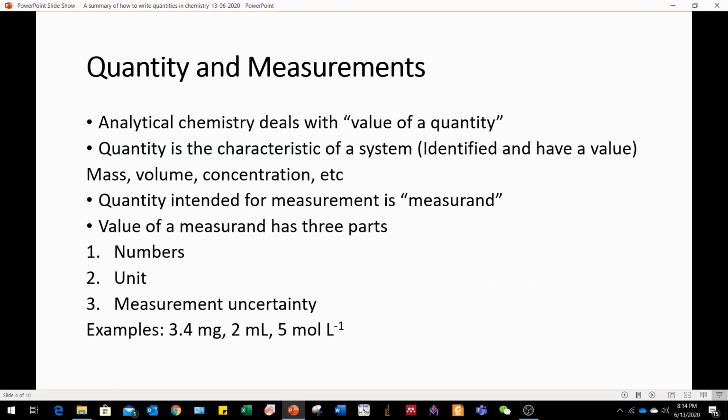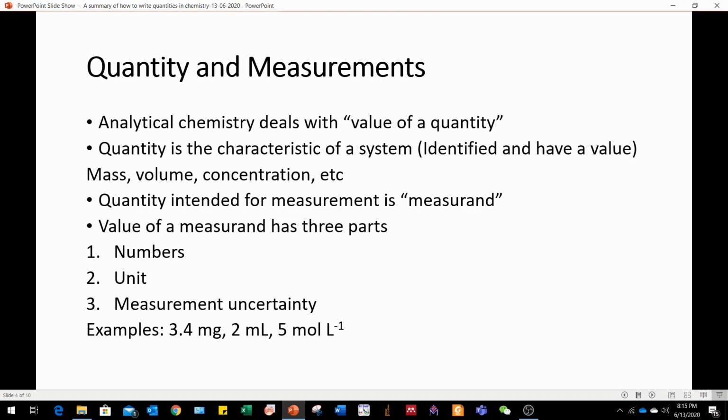Quantity and measurements are not limited just to chemistry, but also physics, material science, chemical engineering, and all other fields where collection of data and interpretation of that data is important. So value of a quantity is a terminology that is used for these kinds of disciplines.